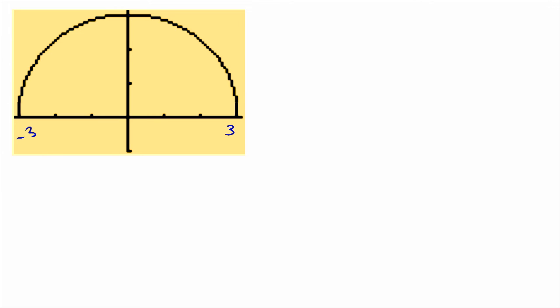We can do so by using some geometric formulas. Since this is a semicircle, we know that the area is equal to 1/2 pi r squared. So with our case, our area A would equal 1/2 times pi times the radius of this circle, which would be 3 units.